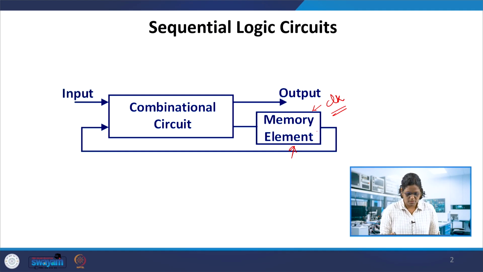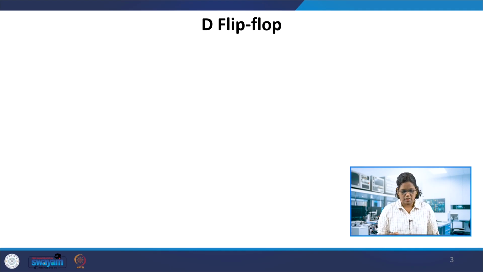So a sequential circuit is a combinational circuit plus memory elements, whose output depends on the current input and the past input or past output values also. Flip-flops and latches are considered to be sequential circuits.